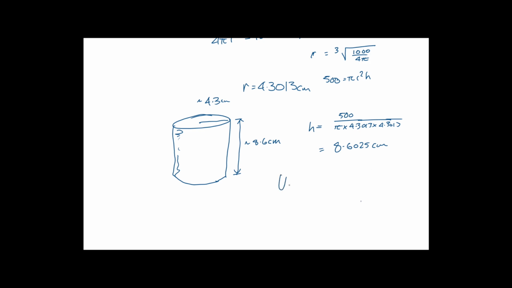So the volume is going to be 500, and the surface area is going to be minimized. So imagine if you're making millions and millions and millions of these things, any kind of slight efficiency is going to be worthwhile.